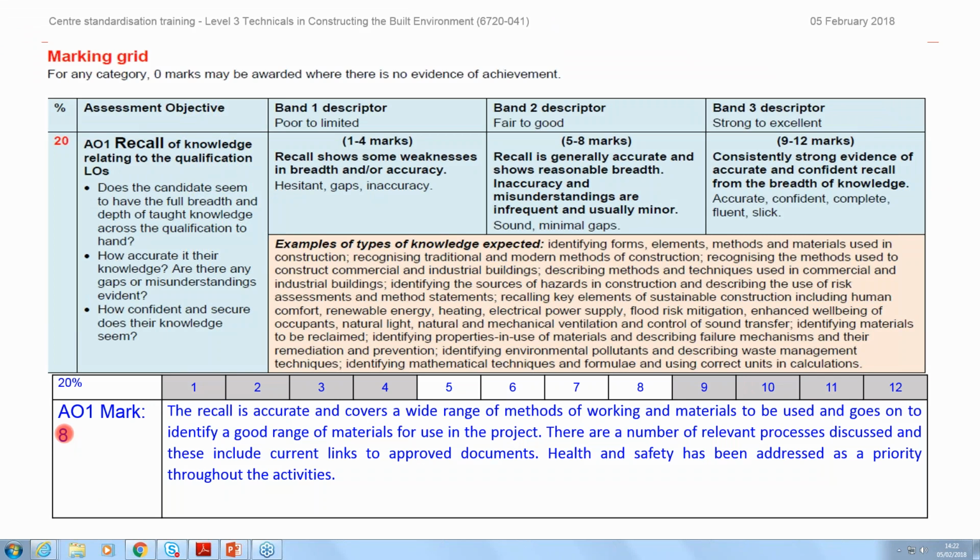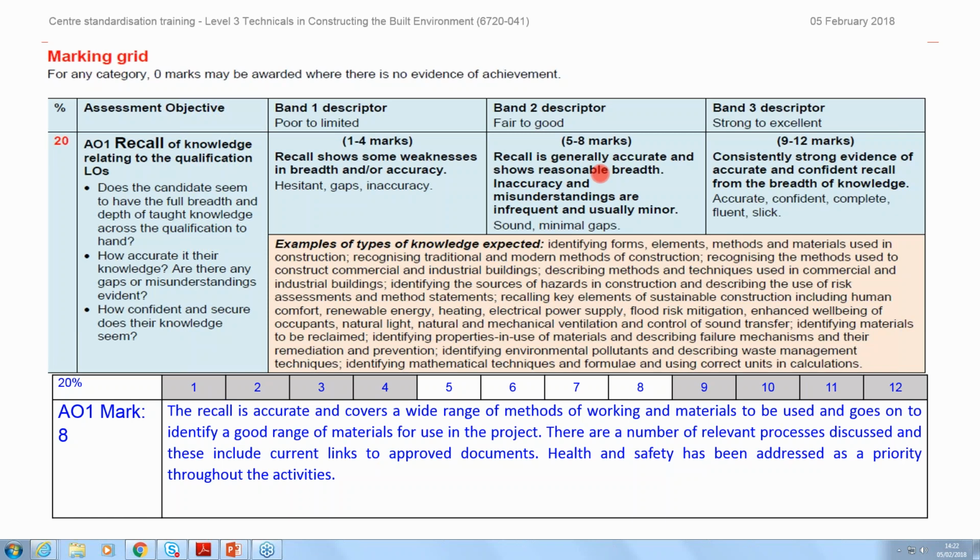So the first one was deciding which bucket we're going to put them in. And there's some examples, if you read across the band descriptors at the top, and then read through the comments in there, you can see where it says the recall is accurate and covers a wide range. If we look in the descriptor, it says that we're looking for recall that is generally accurate and shows reasonable breadth. And I'm sure you'll agree that the work that we went through showed that the work was accurate.